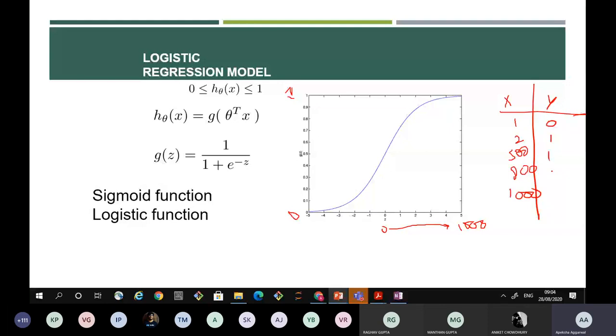So this is my classification problem. So if my input range is 0 to 2000, sorry, in that case my output should always be 0 to 1.